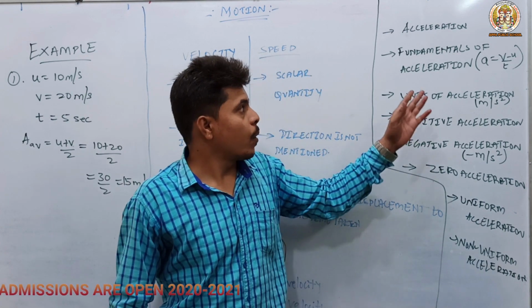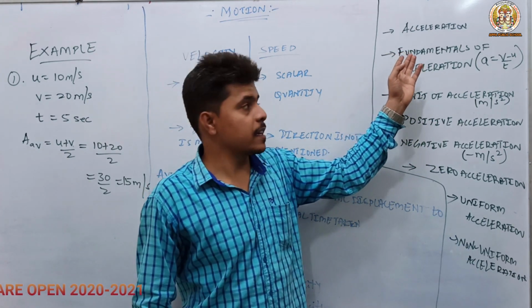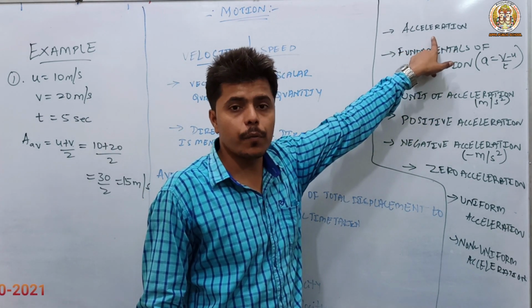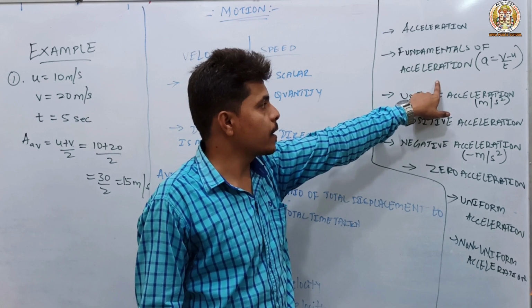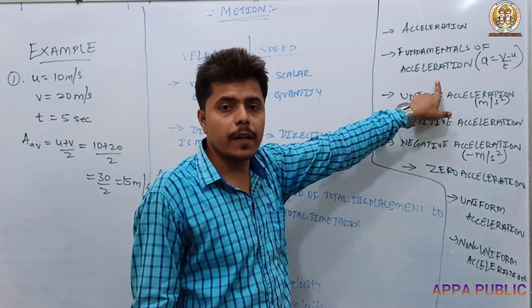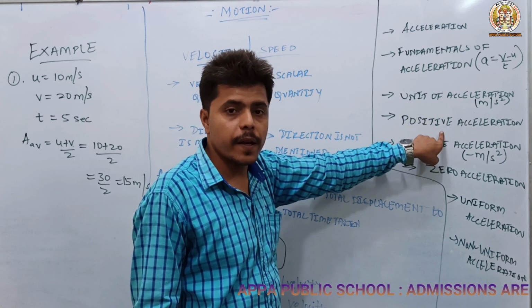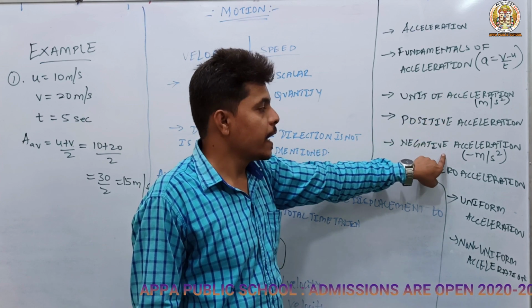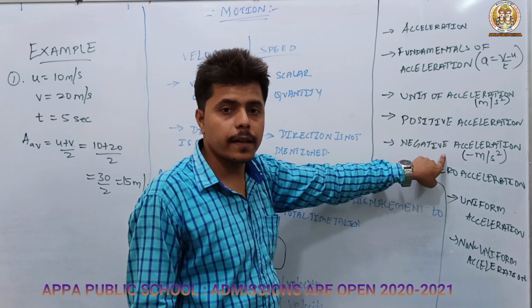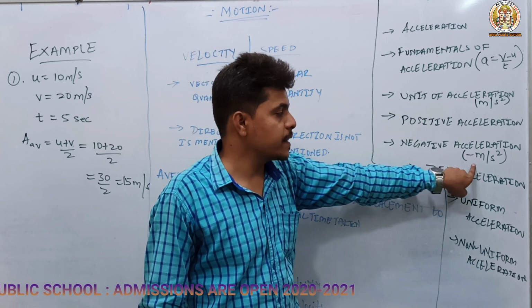And then we came across acceleration. Acceleration means the rate of change of velocity with respect to time. Fundamentals of acceleration: a is equal to v minus u by t. Unit of acceleration, meter per second square. Positive acceleration, a plus sign. Negative acceleration, minus, is also called retardation, minus meter per second square.